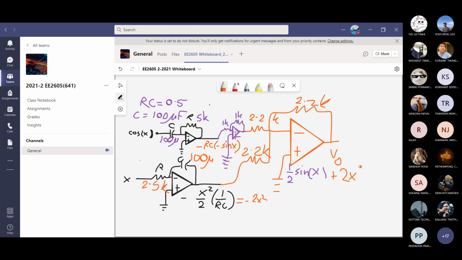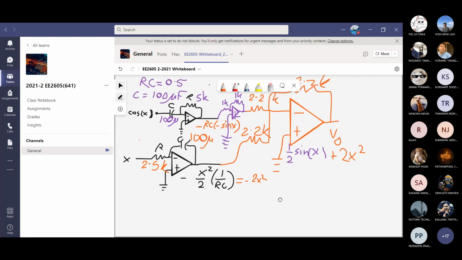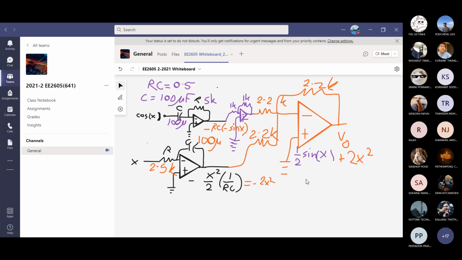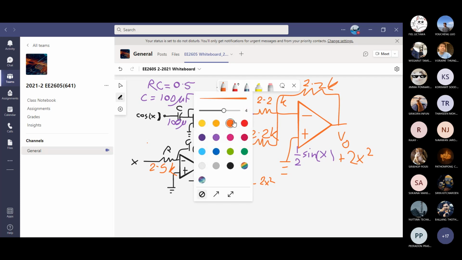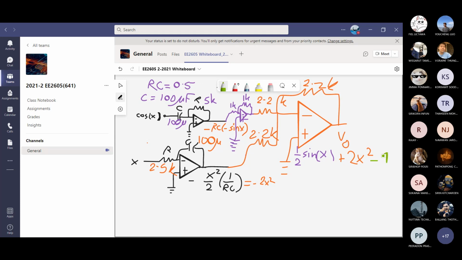Is there one more stage we have to do? Yes. What is the last input? The last input is positive 1 volt. What is the desired output? Let me write the desired output for you. You have to have negative 4. So think about it. If you have a positive 4 here, you multiply by minus 1, you will have a negative 4.